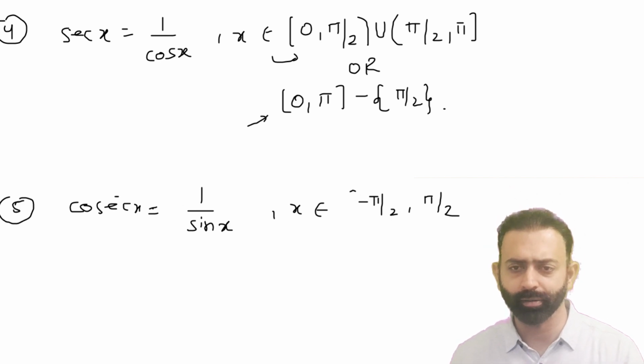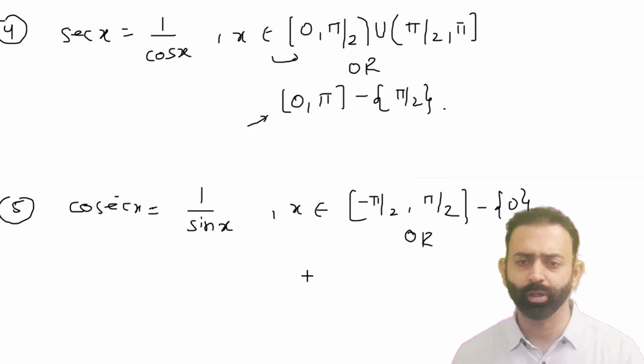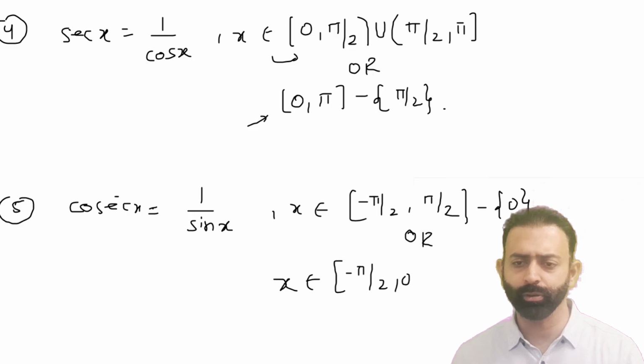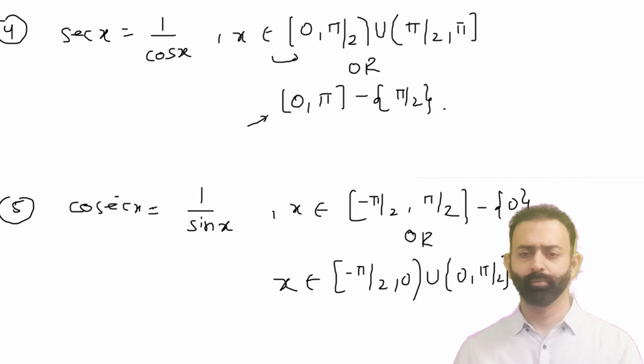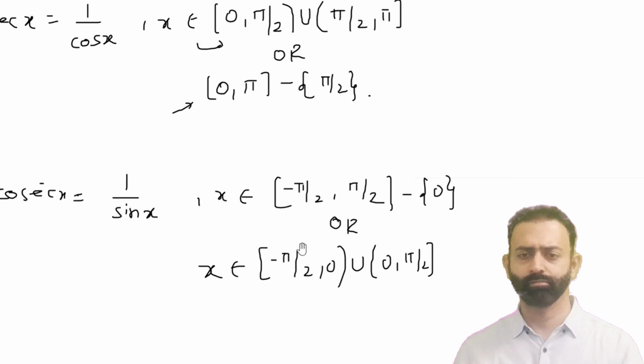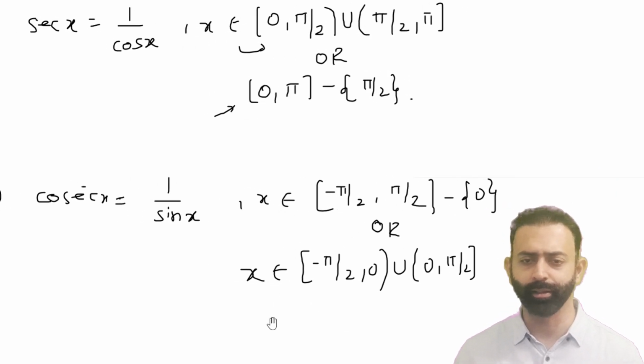So you can write the restricted domain like this, except 0. Or you can mention it as from minus pi by 2 to 0, excluding 0, union 0 to plus pi by 2. Both these notations are valid.